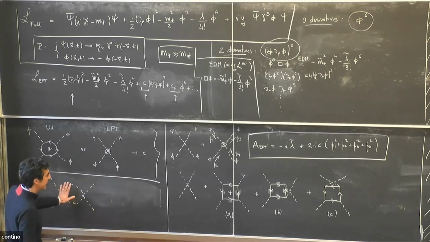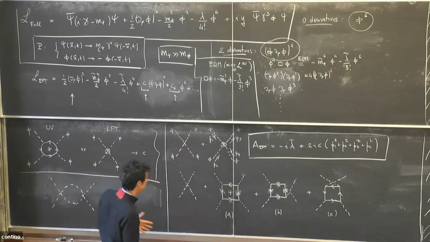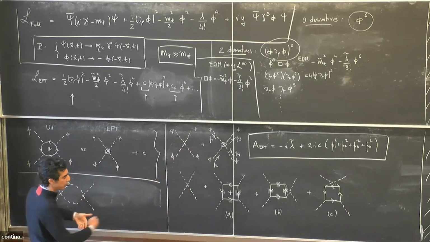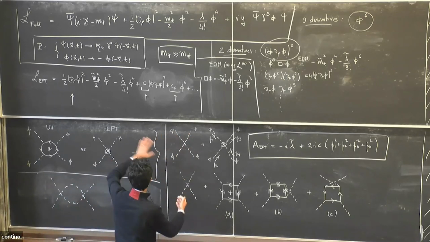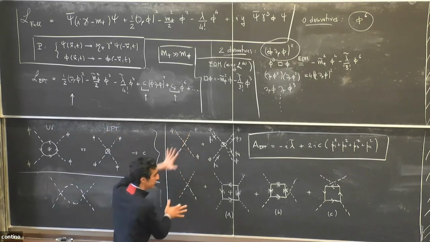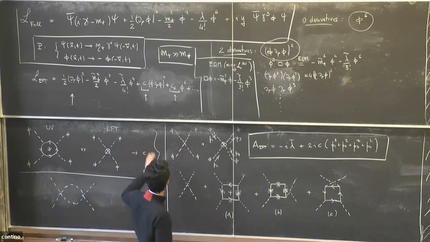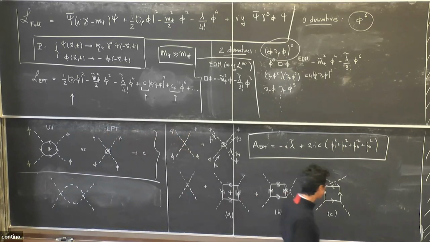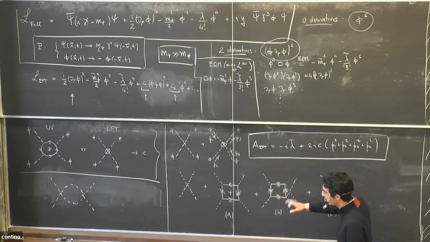So this diagram I do not need. It's present both in the UV and the infrared, and it's the same, at the level of precision that I am interested in, where lambda tilde are the same. So I don't need to introduce it in the matching to derive the value of C. This diagram is not going to play a role in the matching, but I will tell you a few words about this later.